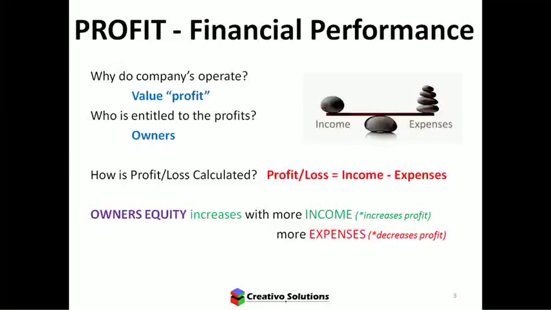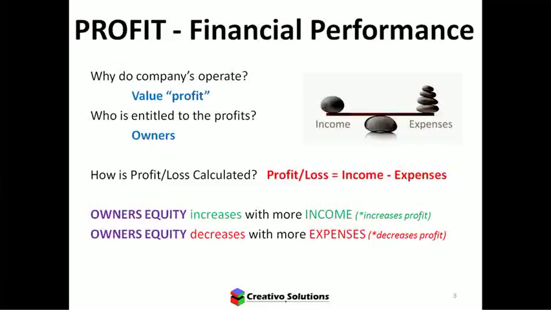If expenses are going to rise, expenses will give rise to a reduction in profit or even perhaps a loss. So when expenses increase, that decreases the profit, which ultimately reduces how much the owners are entitled to. So owner's equity will decrease with more expenses because the profit will decrease.